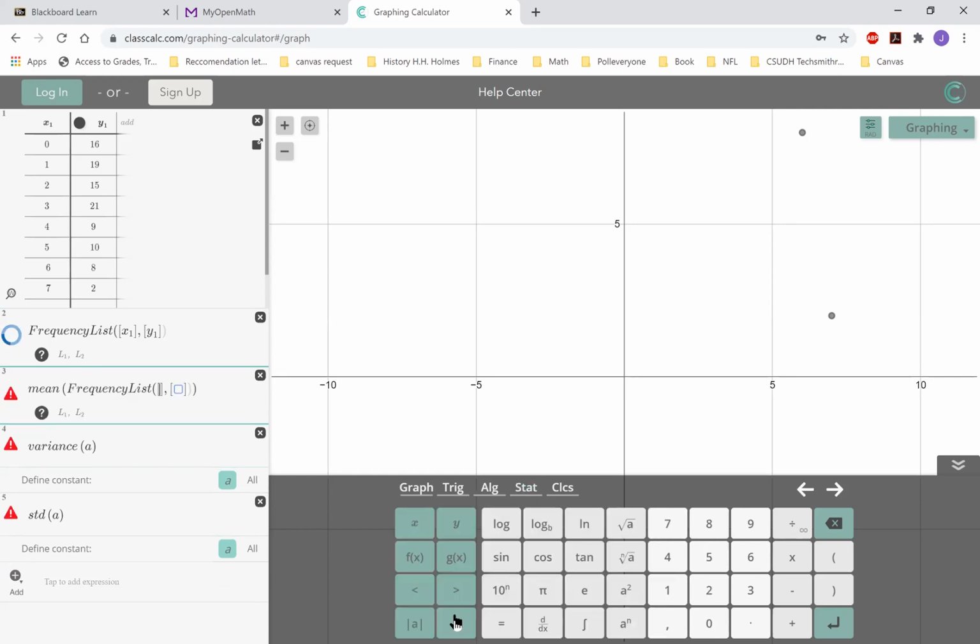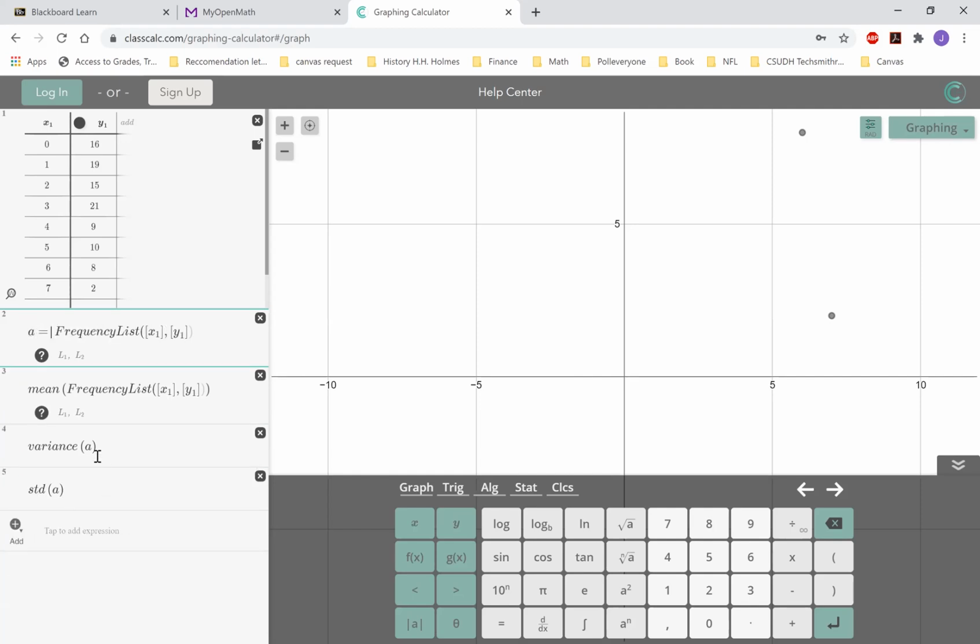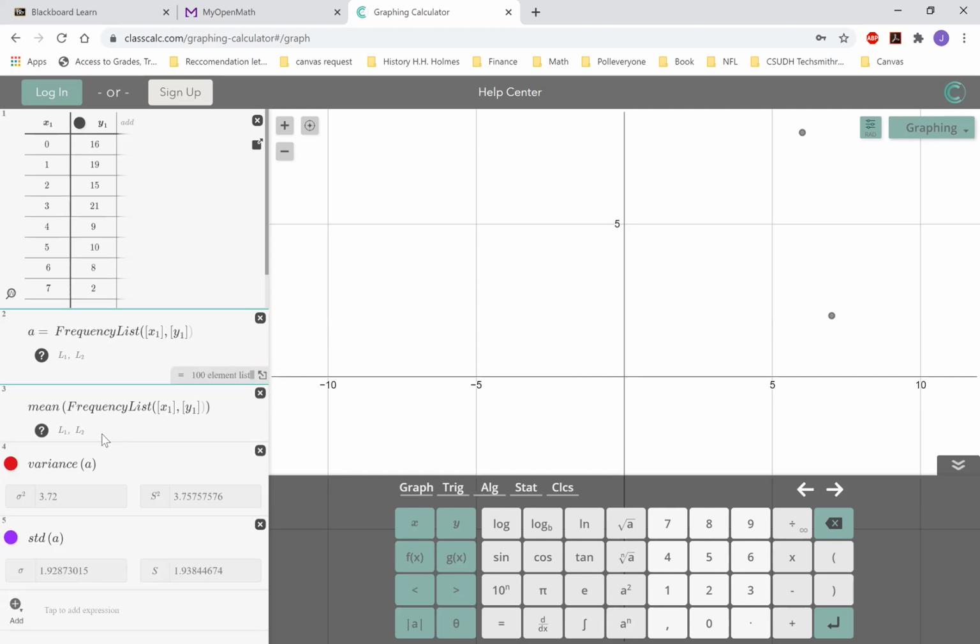So you have to do frequency X1, Y1. Instead of constantly repeating that, it is easier to say A is equal to this. That way, instead of entering frequency list of X1, Y1, you can just say A. Okay, so it's like a shortcut.